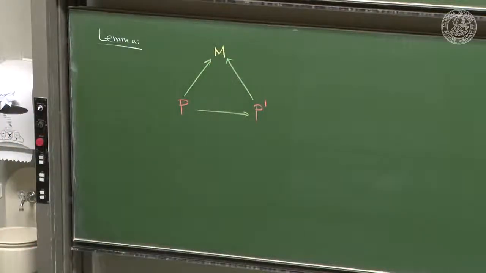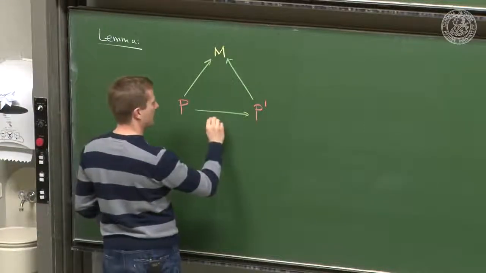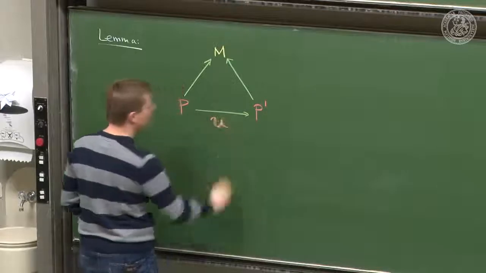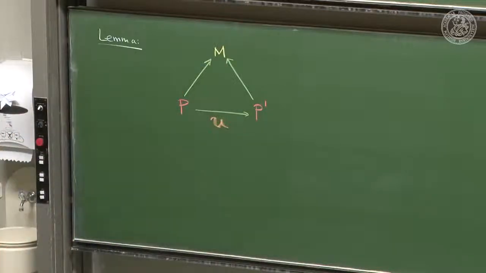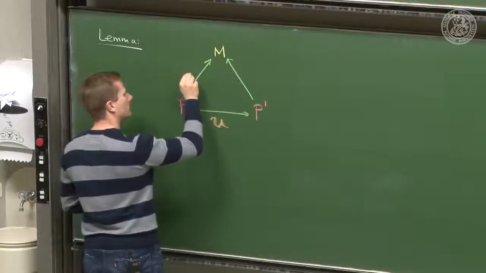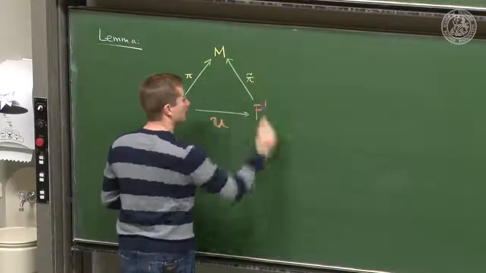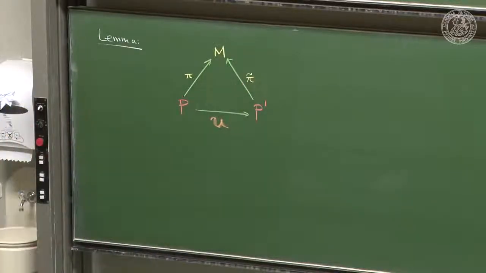So in the sense that this diagram is supposed to commute, we have a map U between these two, and we have a pi that goes here, and a pi twiddle that goes there.